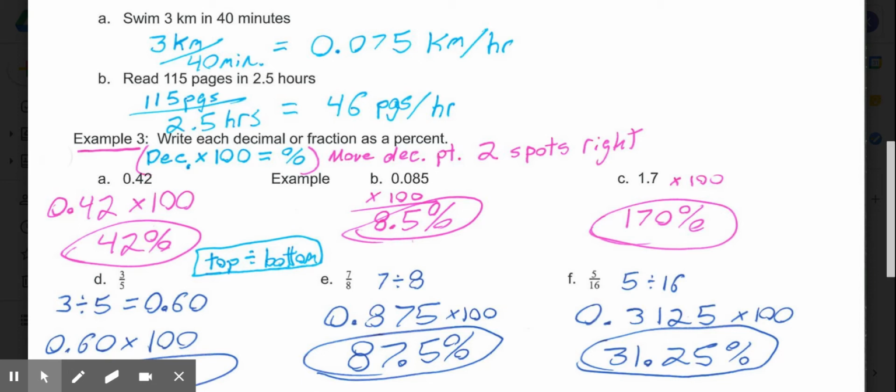And then in C, 1.7 times 100, you move the decimal 2 spots to the right, giving us 170%. You add that 0 because when we move the decimal 1 spot, we get 17. One more spot, we have a blank, so that's where the 0 comes from, giving us 170.